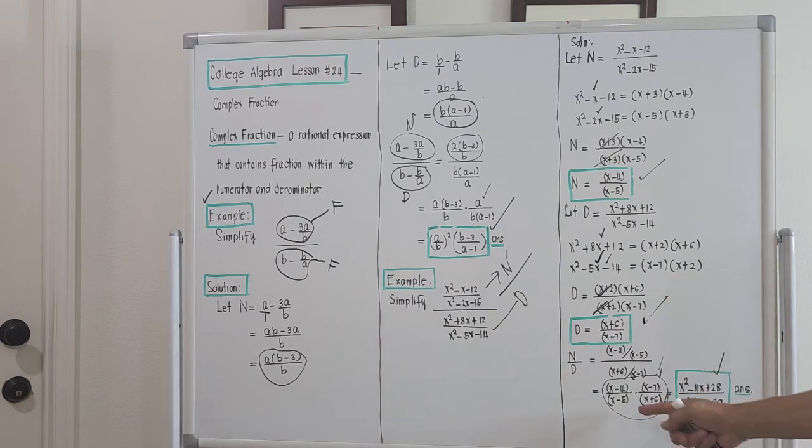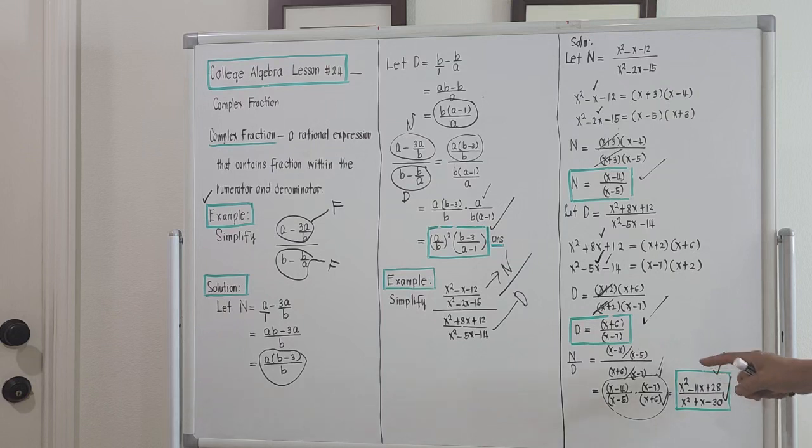The middle term will be negative 5x plus 6x, which is simply x. And the negative 5 times the positive 6 will be negative 30. So the resulting simplified equivalent of the given complex fraction will be x squared minus 11x plus 28 all over x squared plus x minus 30. This will be our final answer.